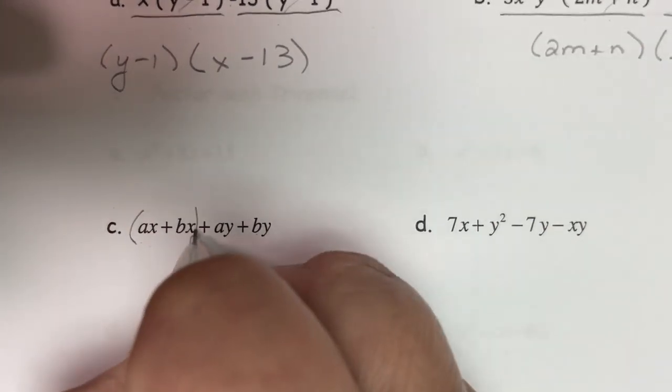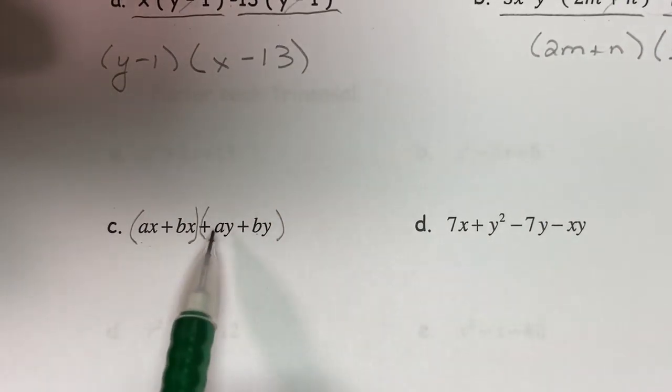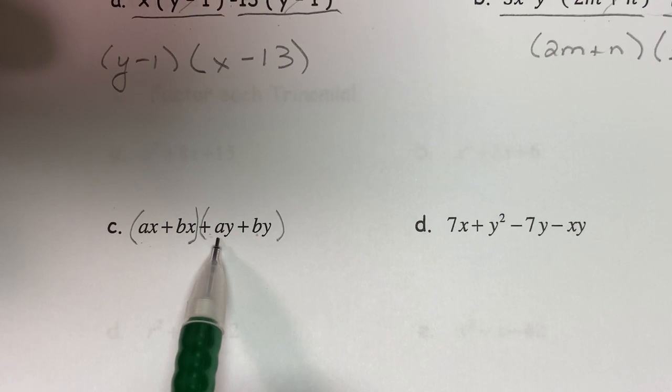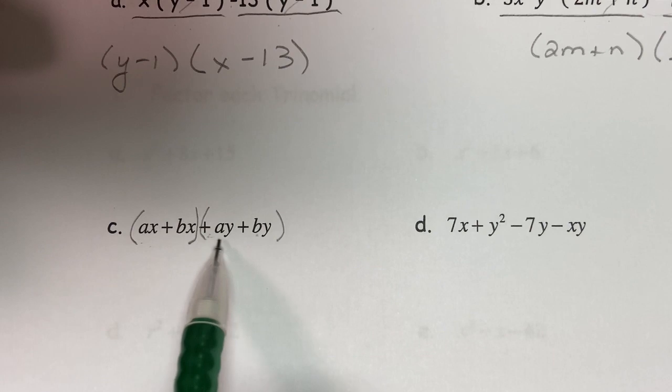You will group them 2 and 2. Now, notice how I kept this positive sign inside my second group of 2, because remember, we always want to try to think of the sign before the term as the sign of the term. Try not to think of this as a plus. Try to think of this as a positive ay.